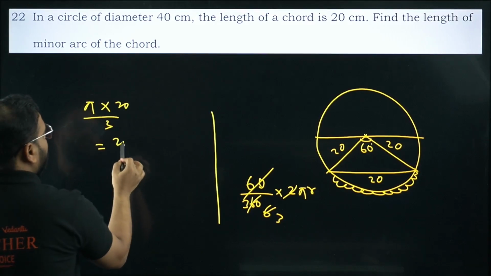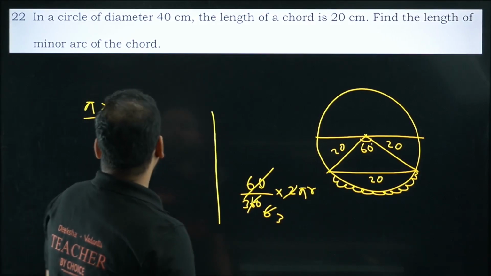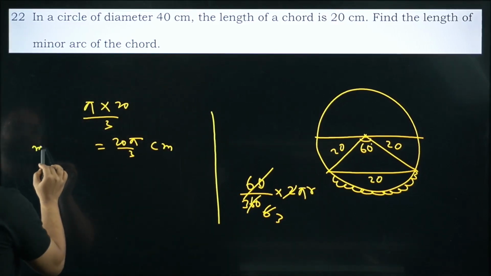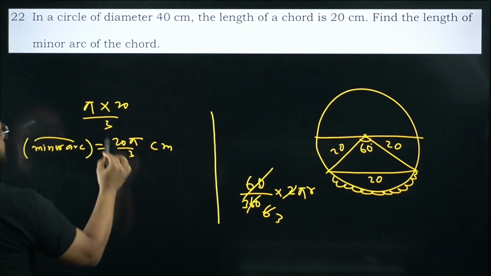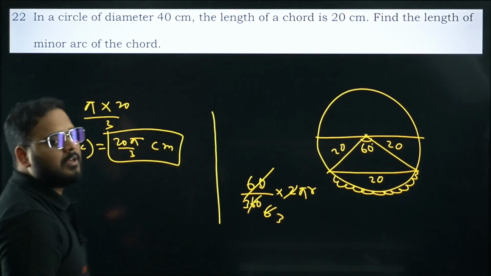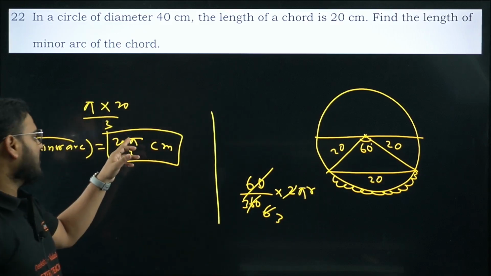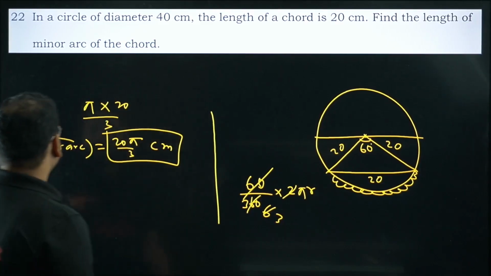What is that? 20 pi by 3. This is a centimeter, right? This is your length of minor arc. Please check. This is the answer, 20 pi by 3 centimeters. You can leave it like this also. That is also correct. Otherwise, you can convert it into decimal places. 3.14 by 3 you can do, and then multiply with 20. Correct. 22 is done.